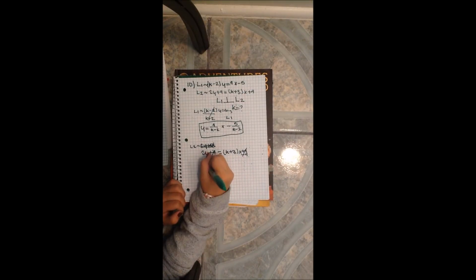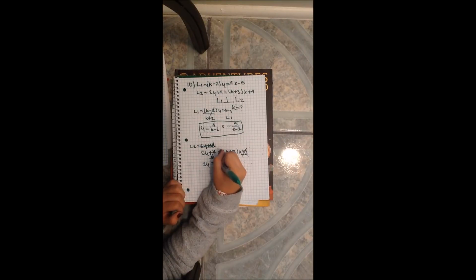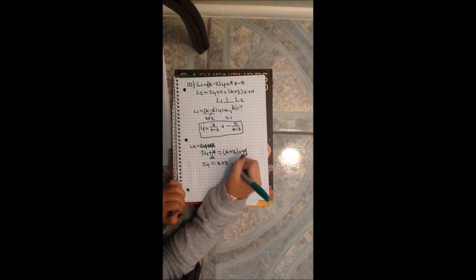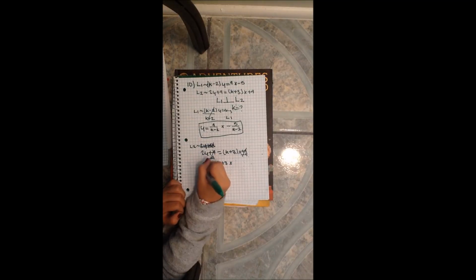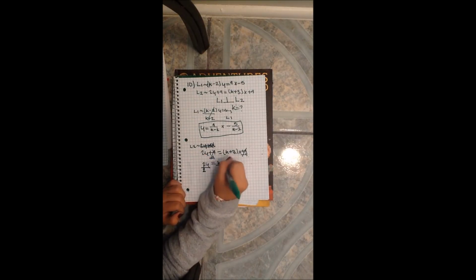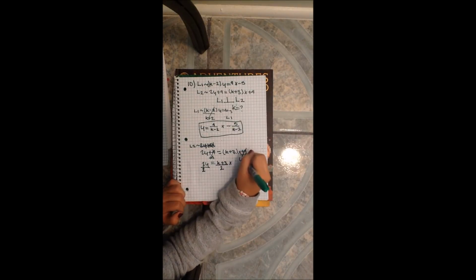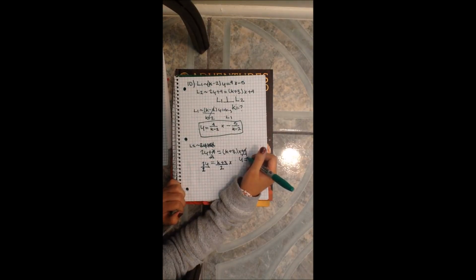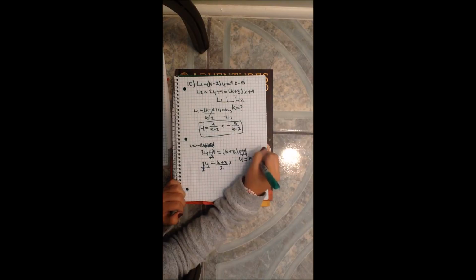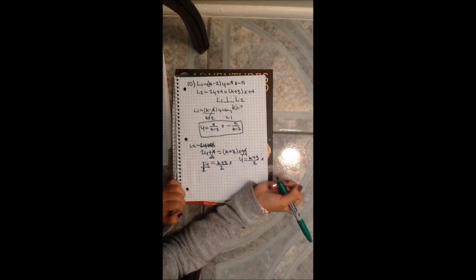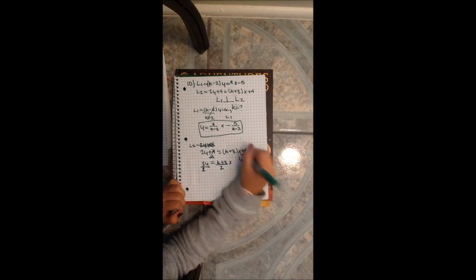So it would just be 2y equals k plus 3x. And you isolate your y, dividing it by 2. Divide this by 2 as well. So it would be y equals k plus 3 over 2 x.